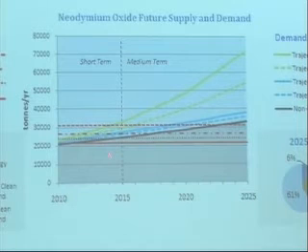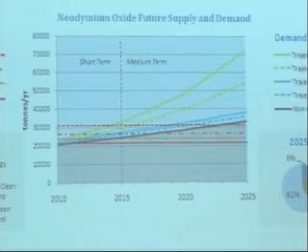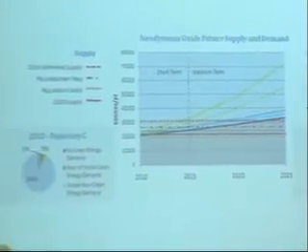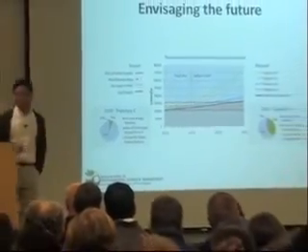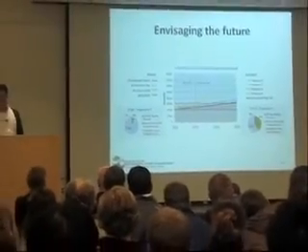However, neodymium supply can increase after probably 2018, 2020, because some time is needed for exploration and establishing the infrastructure for mining and refinery. Those things will take time. That time gap will likely increase the price in the short run until 2015 and around.